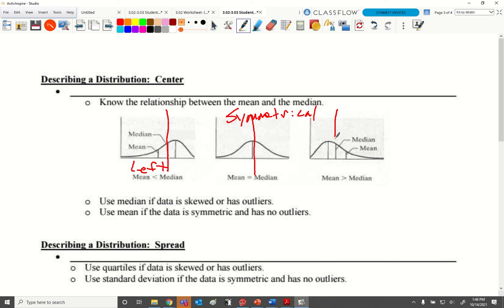Draw my line right there in the middle, which is my median. This one right here, I would say that my mean is more than the median. This is going to be skewed to the right. Use median if data is skewed or has outliers. Okay, use mean if data is symmetric. So this tells you which one you should use.